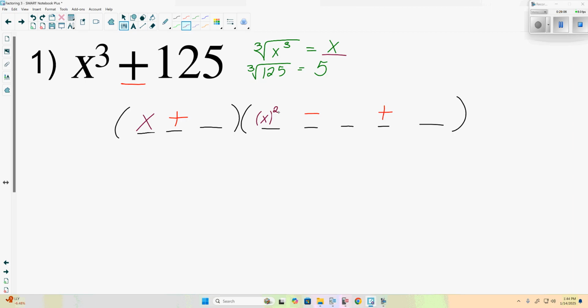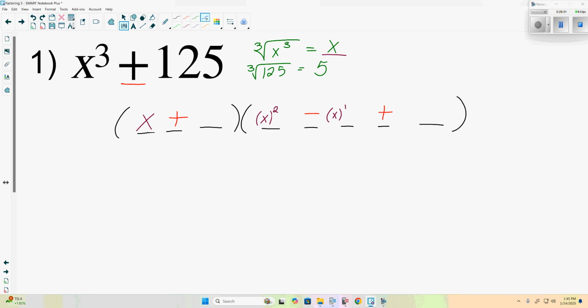In the middle spot, we'll have x to the first, because it's going to go squared, first, no x term. Questions on this so far?